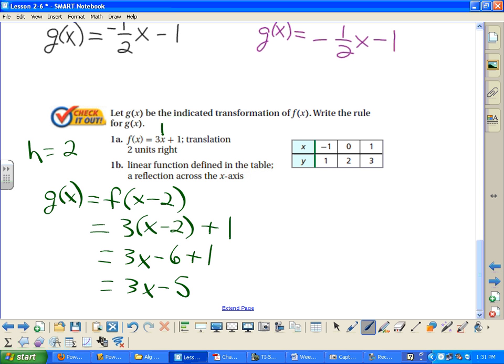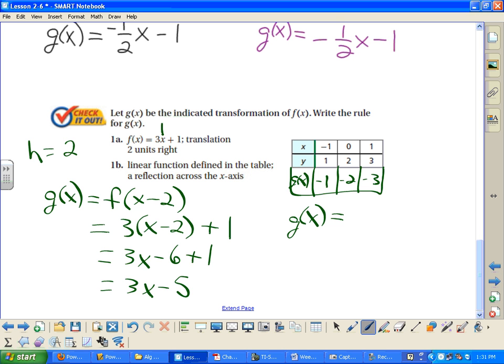Right, for letter B, reflection across the x-axis again. So we could add to our table here. Across the x-axis, meaning the y values change. So we have -1, -2, and -3. So g of x equals, the y-intercept is where?